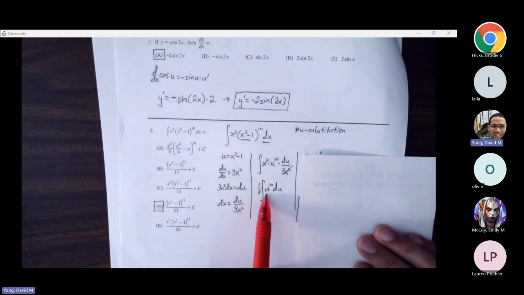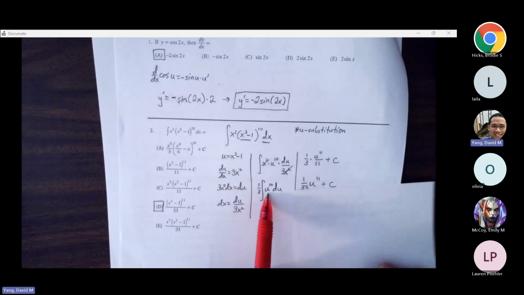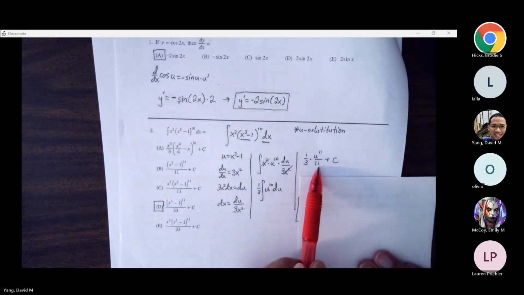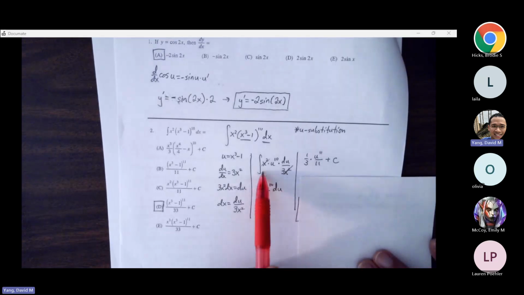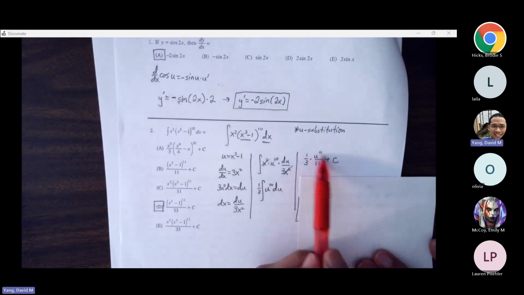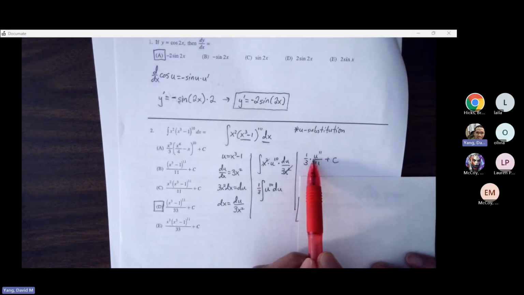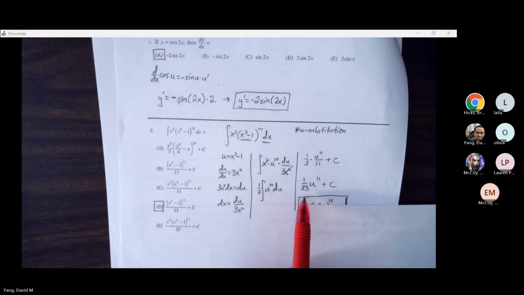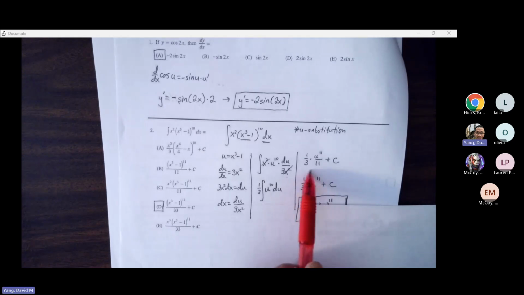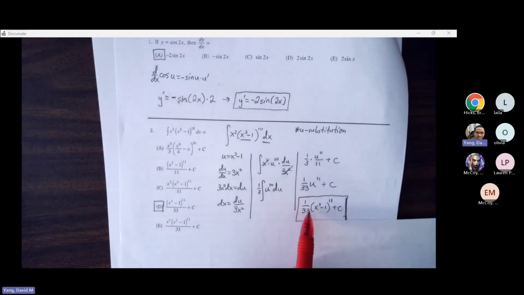So u to the 10th is what we're trying to evaluate the integral for. u to the 10th becomes u to the 11th over 11. So we drop the integral notation, we drop the du notation, we have our antiderivative, and now we're just trying to clean this up. Okay. Replace the u back in terms of x. Well, I multiplied through first, and then I replaced it back in terms of x, plus c. Answer choice D.